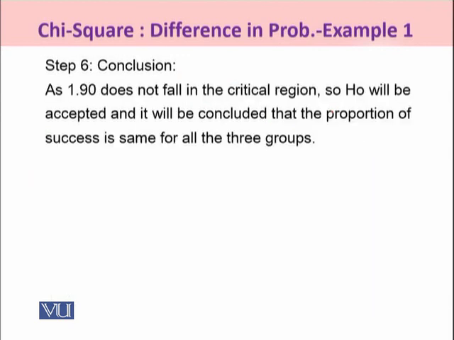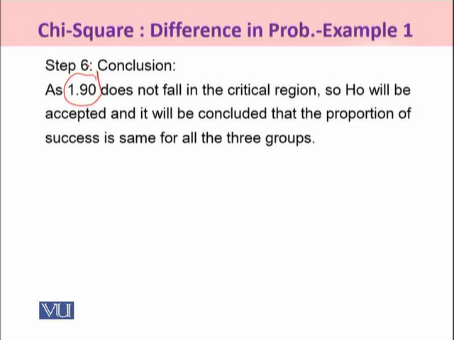So this last step, students, is to make a comparison between the calculated value and the tabulated value we have obtained as 5.99 using the degrees of freedom and alpha, that is the probability. The calculated value that we have obtained using the chi-square formula, students, comes out to be 1.90. So you can see that this 1.90 does not fall in the critical region.